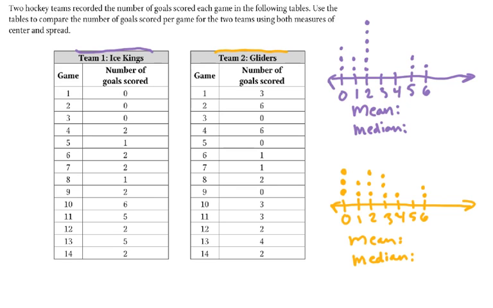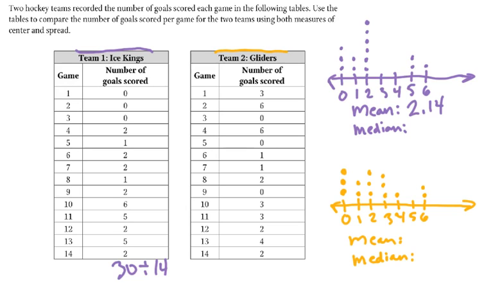So, for the Ice Kings, we add up all their scores, and we divide it by 14. When we added it up, we got 30. Divide that by 14, and we end up with about 2.14. Okay.